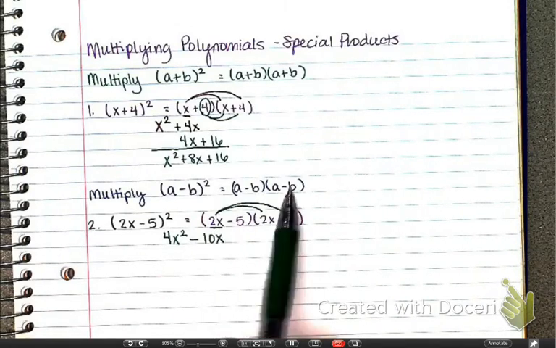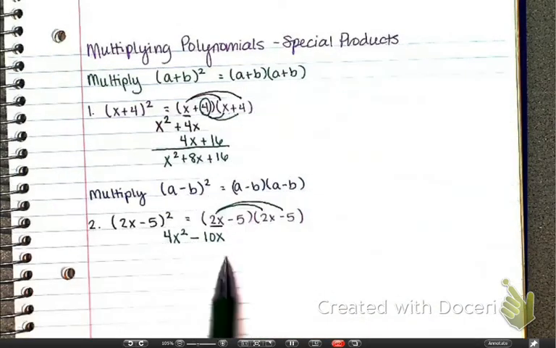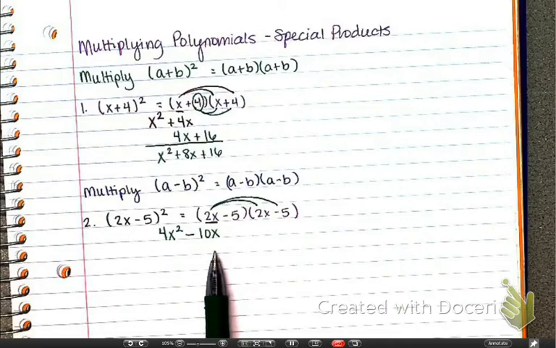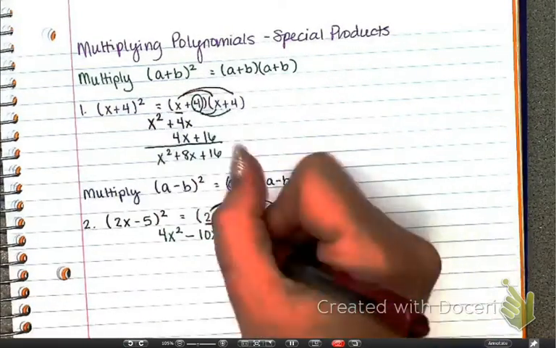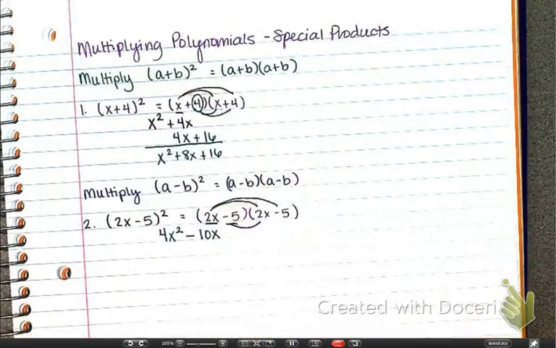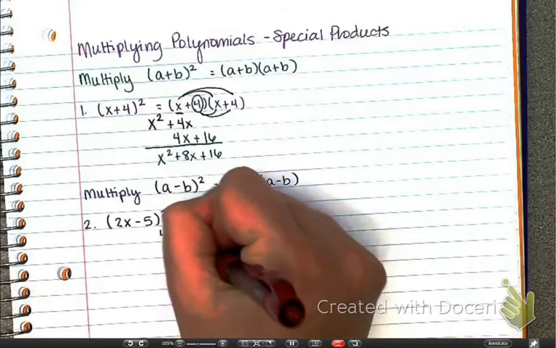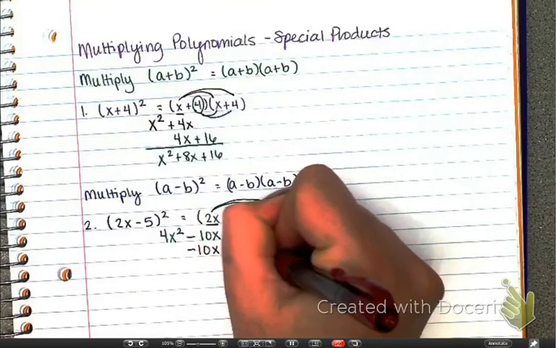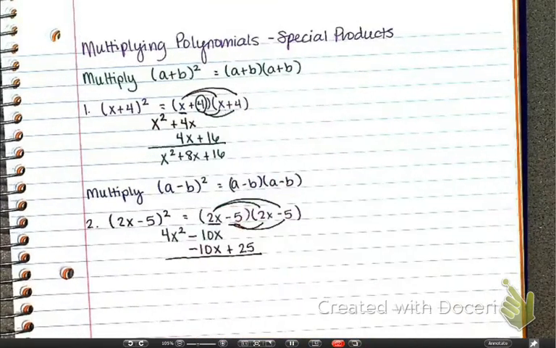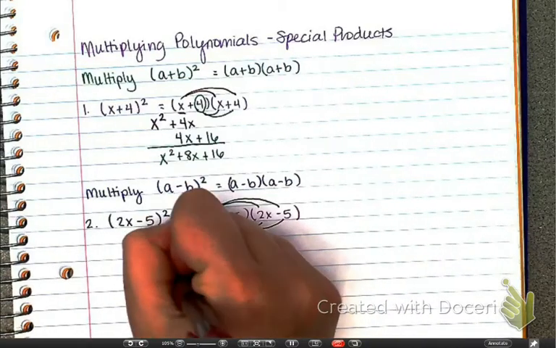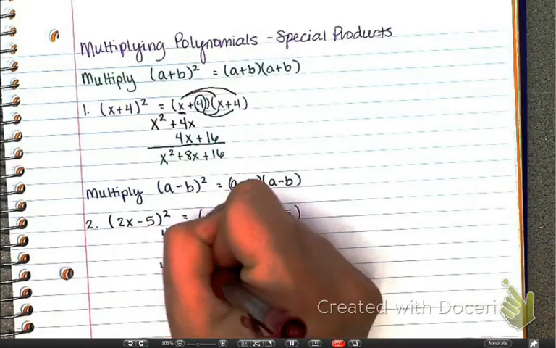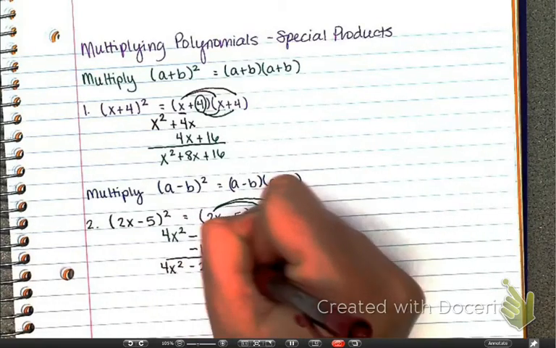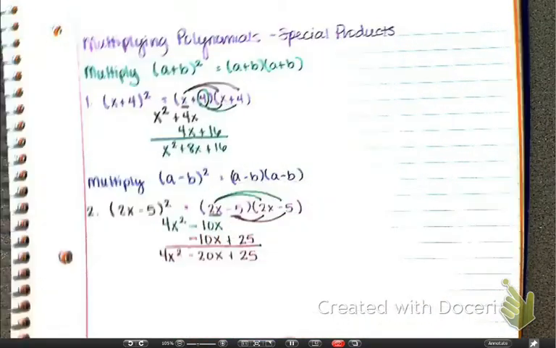Because these are exactly the same, what do you know about this middle term? It should be exactly the same. Negative 5 times 2x is negative 10x. Negative 5 times negative 5 is a positive 25. Final answer, 4x squared minus 20x plus 25.